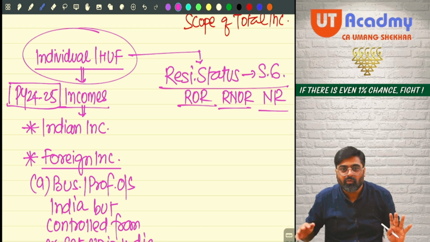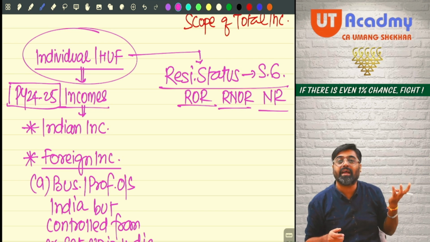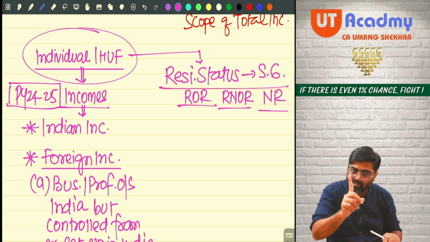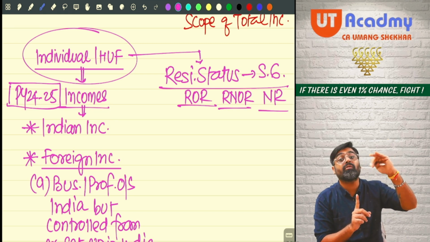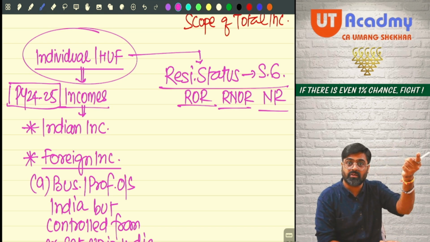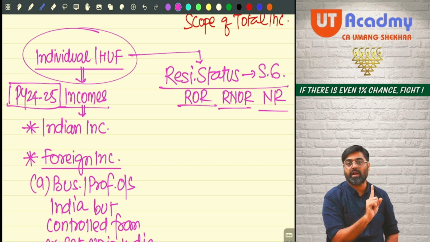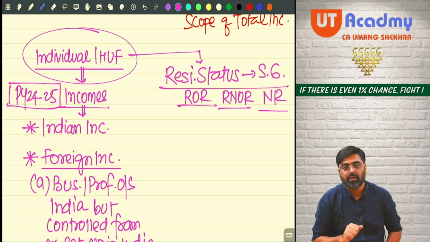I cannot say for a few incomes consider me non-resident, and for a few incomes consider me ROR. No. One previous year, only one residential status, and what status will be fixed is decided by section number 6. Once it is fixed, you take that residential status for all your incomes.